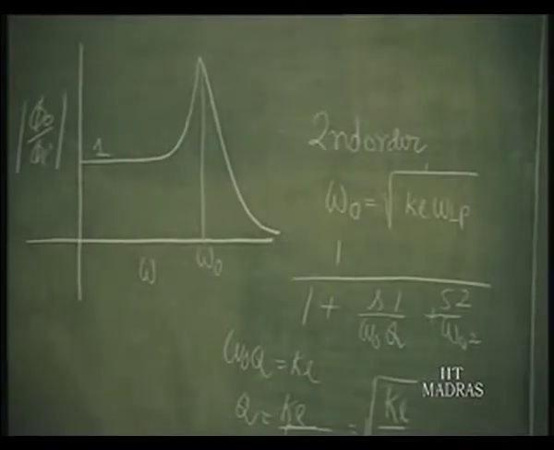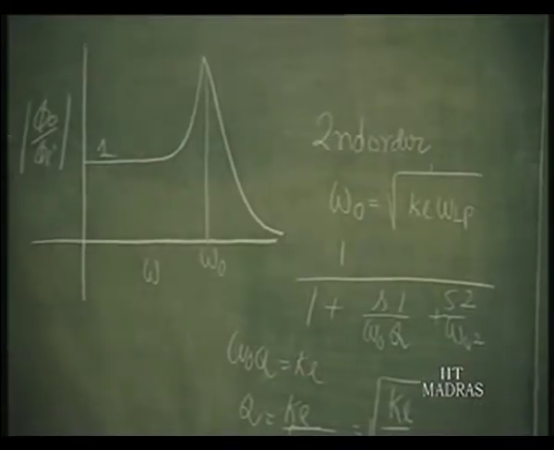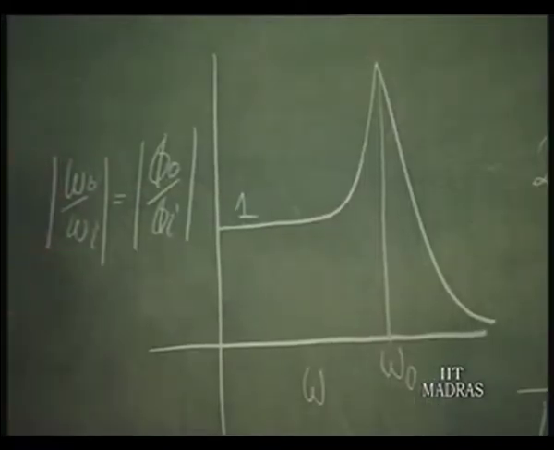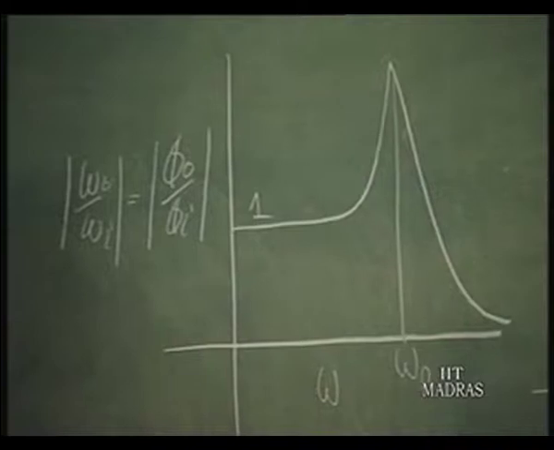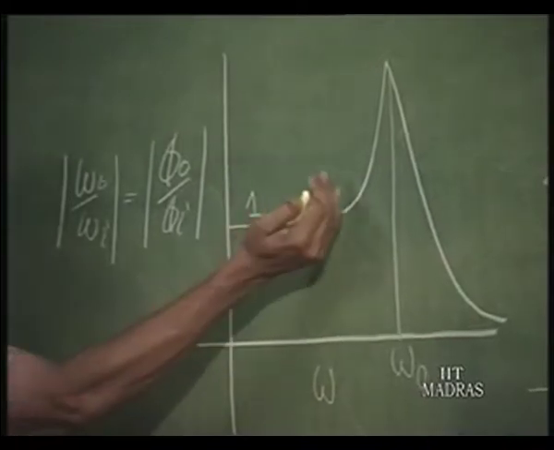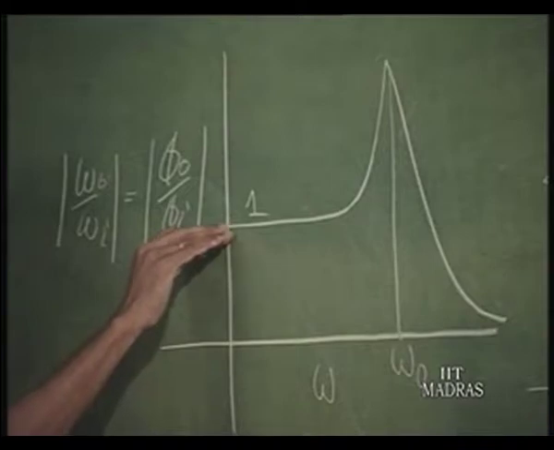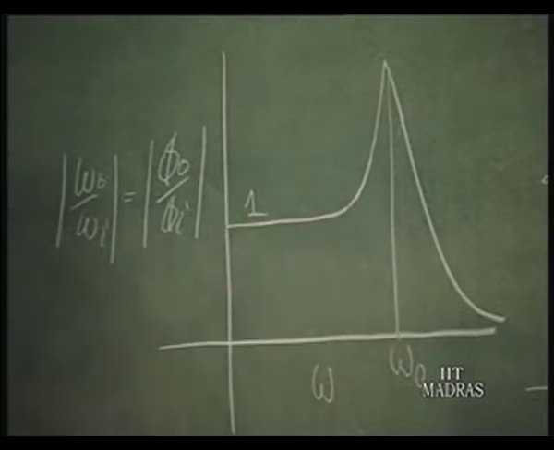That means, in a good phase lock loop, this is also omega naught by omega I. In a good phase lock loop, we must always work much below this, so that it exactly does the phase following. Output phase change is the same as input phase change, or output change in frequency is the same as input change in frequency. We should not work in this frequency range.